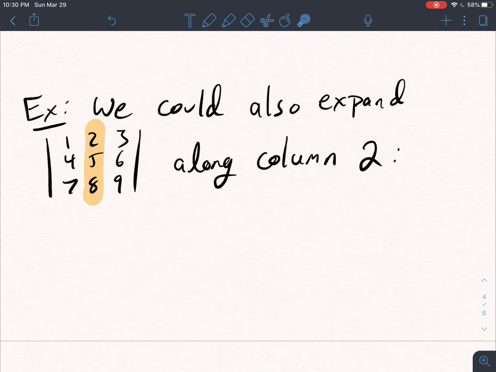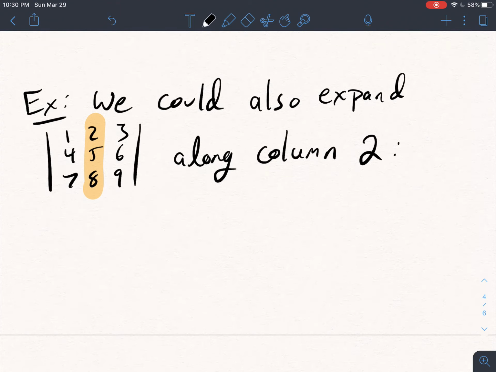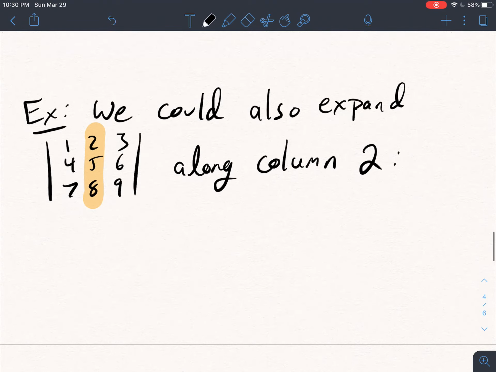Okay, so let's go back to our example and expand along a column and show you how that works. I want to expand on not the first column so that you can see what's going on a little bit better. All right, so we're expanding along column 2.